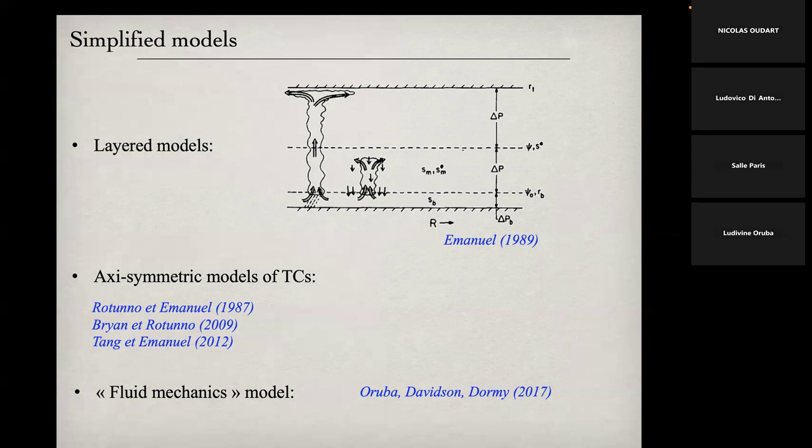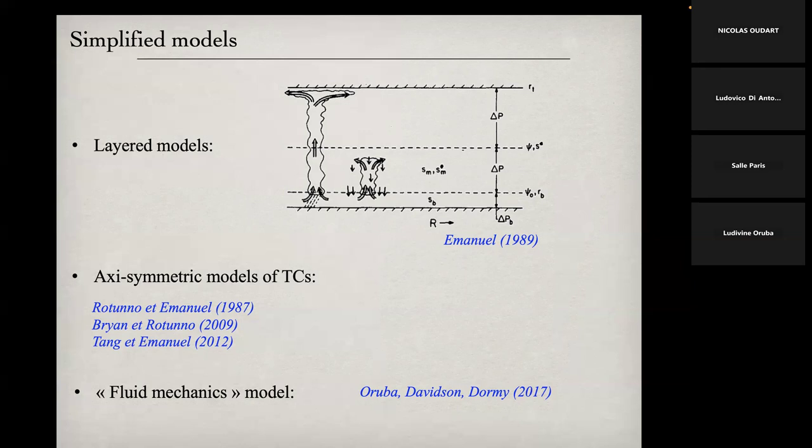And so with these types of models, it can be difficult to identify robust physical mechanisms. So that's why, in order to investigate the origin of the eye of the cyclone, we decided to construct a fluid mechanics model. That is to say, a model which is totally free of parameterization.